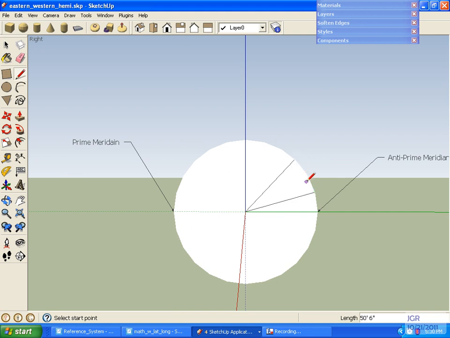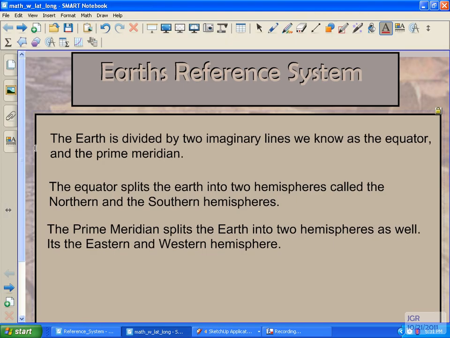So they want to find this distance, and how do they do it? They basically measure this angle here. Again, just like before, it's just measuring angles. So they measure this angle, and in measuring the angle they can know the distance of this arc. And that's how they do that. So these are the two imaginary lines, these two reference lines that you have to know of.